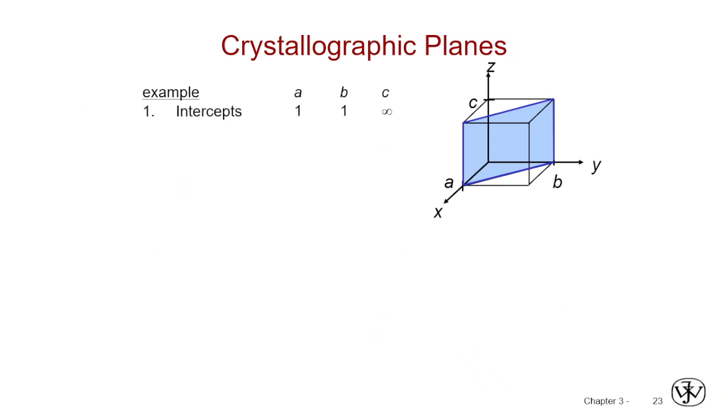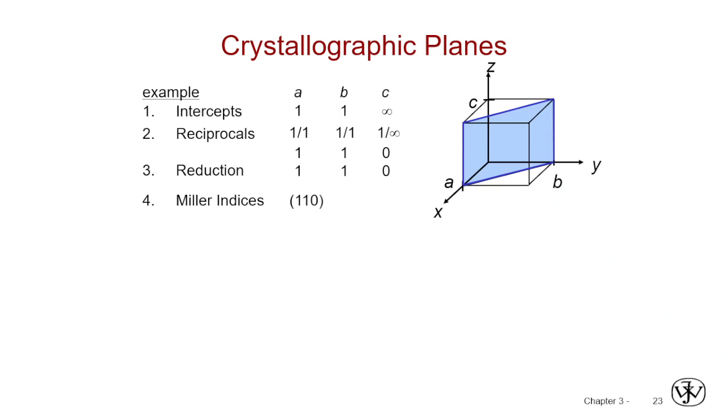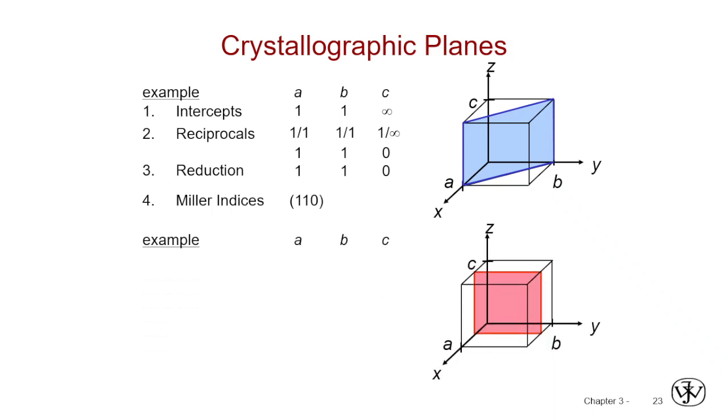Here's another example. Again, this is a 110 problem. These are the steps. First, we are given the intercepts like this. Then we take the reciprocal, and from the reciprocal we reduce them to integers, and finally we get the indices. Again, this is another example.